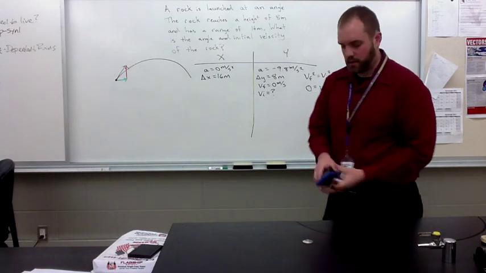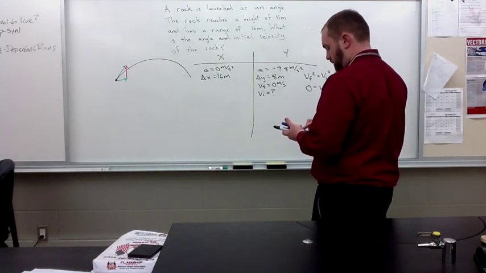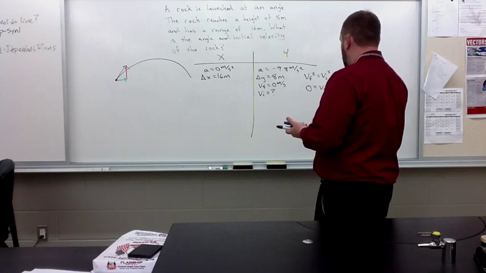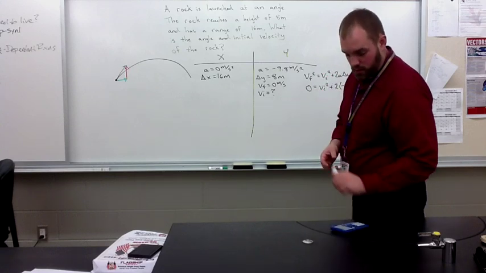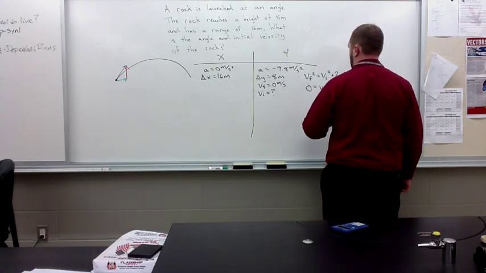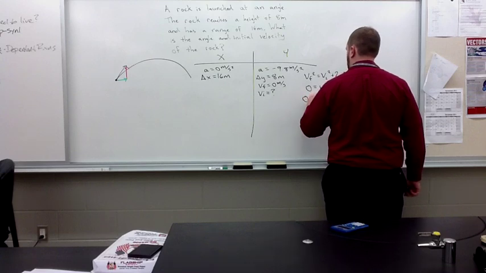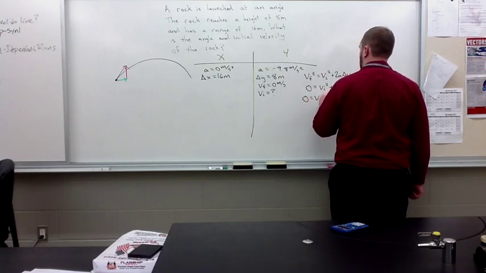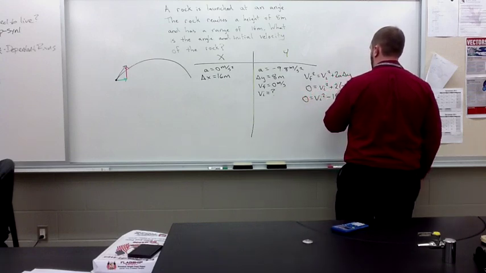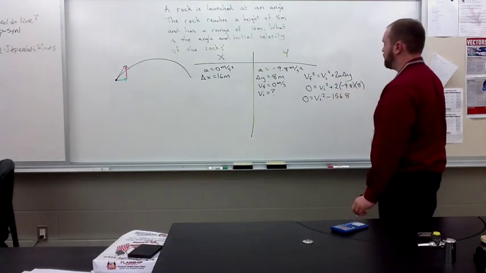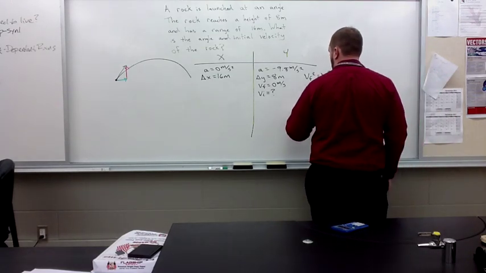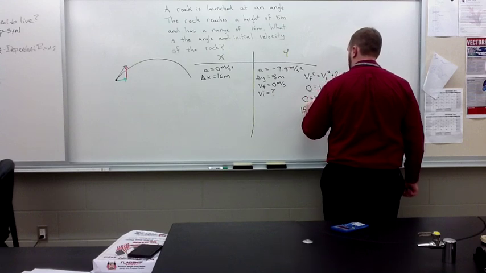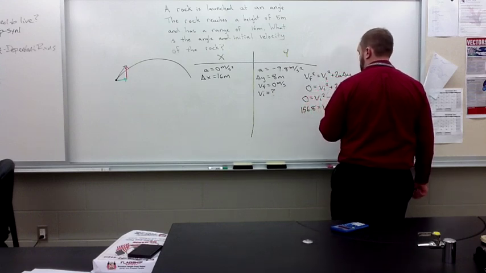If I work out what that is, 2 times negative 9.8 times 8, I get 156.8. 0 equals initial velocity squared minus 156.8. Remember, negative. Add that to the other side. 156.8 equals initial velocity squared.